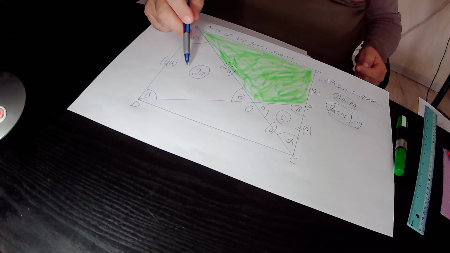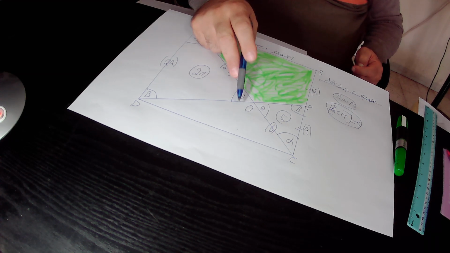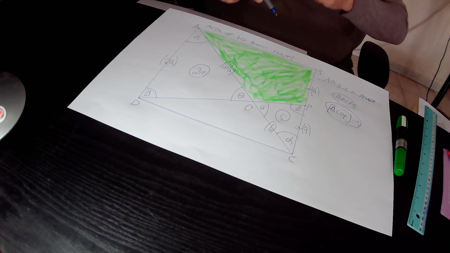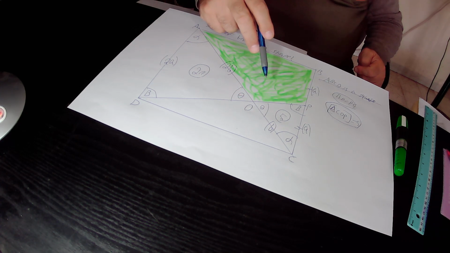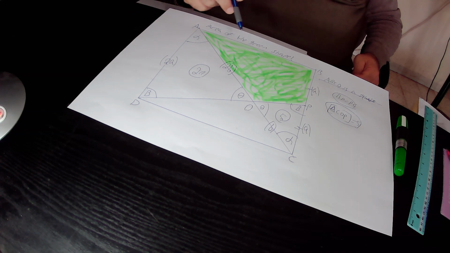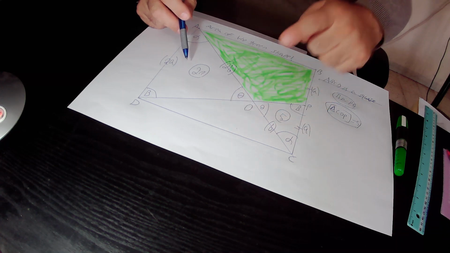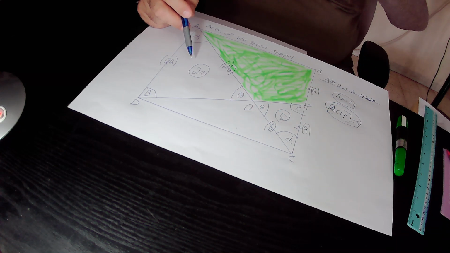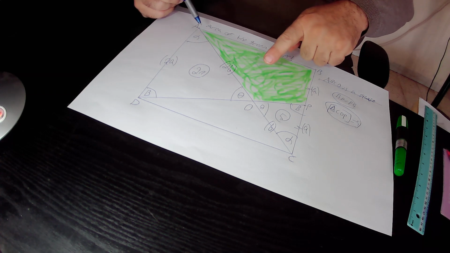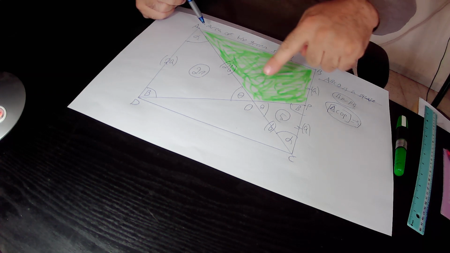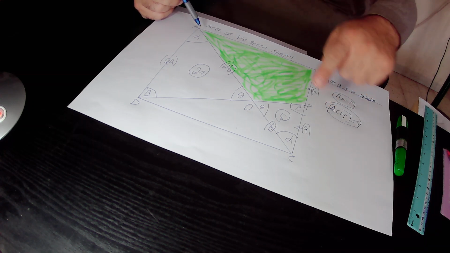The first small triangle is triangle AOD, and the second small triangle is triangle ODC. Rule 23 talks about those two small triangles that were created by line segment OD. According to rule 23, the ratio between the areas of those two small triangles is equal to the ratio between their corresponding bases. The base of triangle AOD is AO, and the base of triangle DOC is OC. And the ratio between the bases is AO over OC.